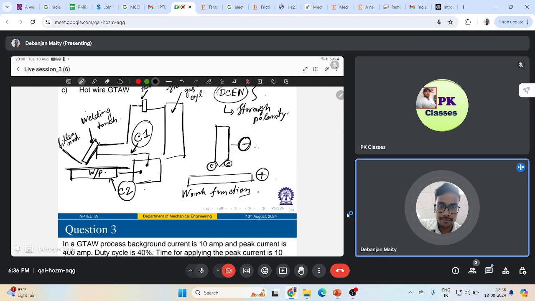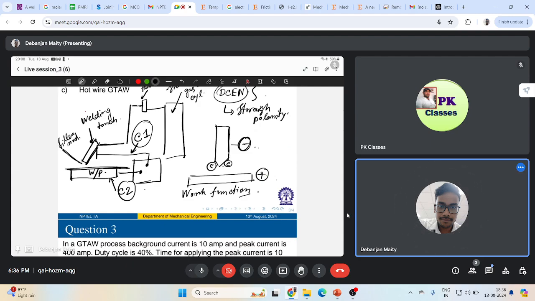That is required for an electron to be emitted from the electrode. Now, when the electron enters the workpiece, an amount of energy equivalent to that work function is released, right? This is why in gas tungsten arc welding with DC electrode negative, more power is located at the work end of the arc and less at the electrode end.